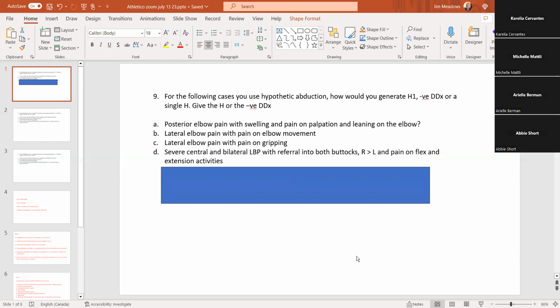And finally, severe central back pain with both buttocks, the right more than left, both in the back and in the leg, and pain on flexion and extension activities. Are you good with that?